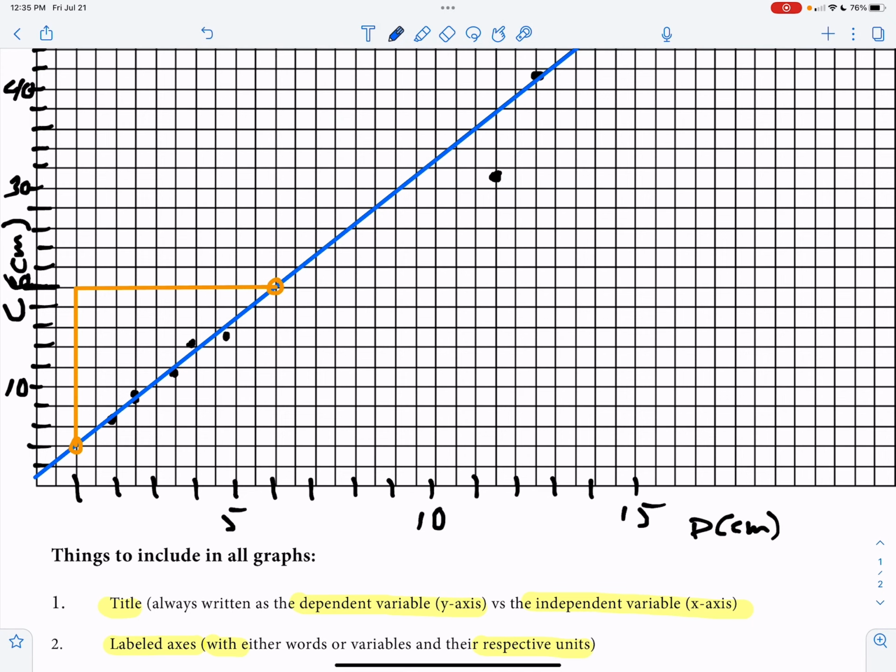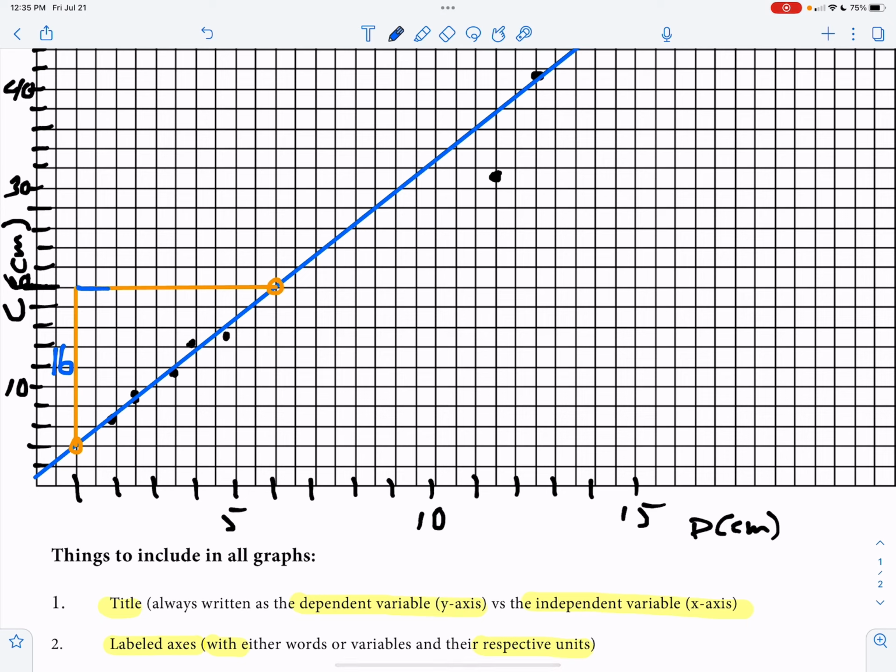You have 1, 2, 3, 4, 5, 6, 7, 8 boxes going up on your rise according to the slope triangle. Well, 8 boxes according to your scale would be 2, 4, 6, 8, 10, 12, 14, 16. That means your rise is 16. Your run, well, every 2 boxes was 1, so we're gonna count the boxes first.